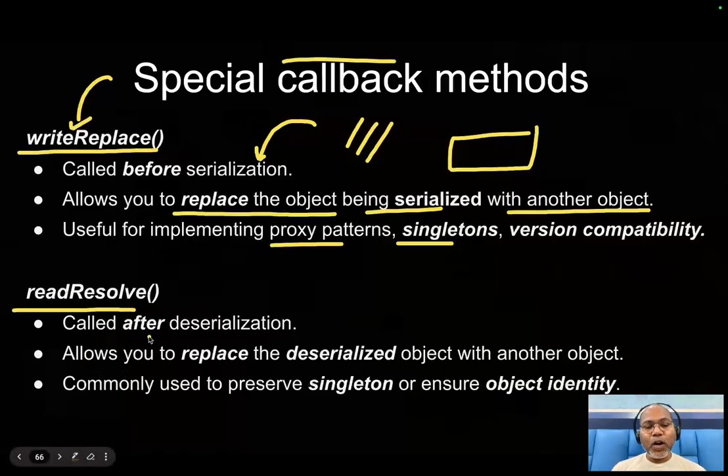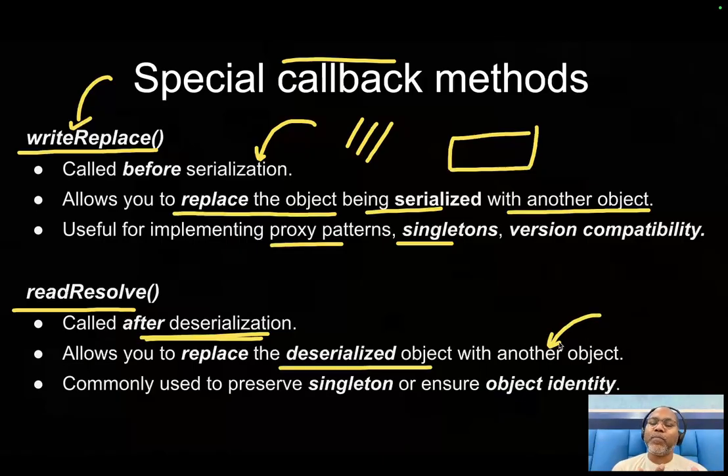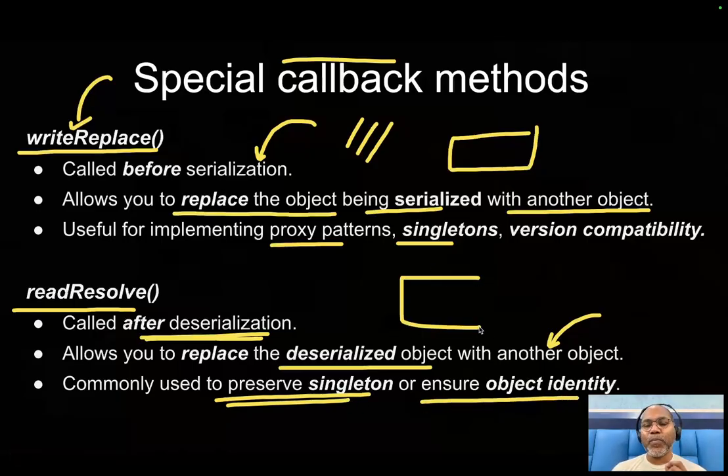Similarly, readResolve is also a special callback method. It is called during deserialization, and it can replace the deserialized object with another. We have an option: during deserialization, any object you can replace. Sometimes you want to preserve the singleton or ensure object identity, so that in a particular JVM only one object exists. They ensure your singleton object stays a singleton, preserving the single instance, so that no new object is created during deserialization.